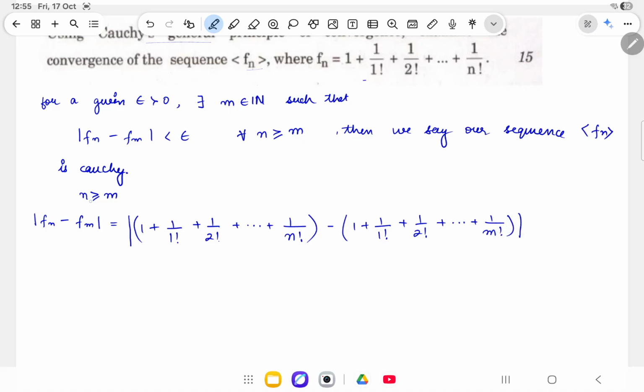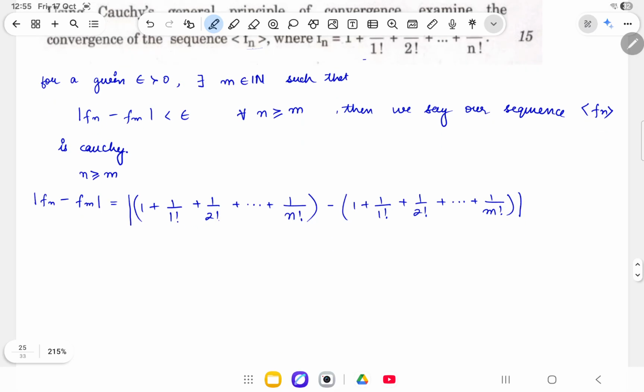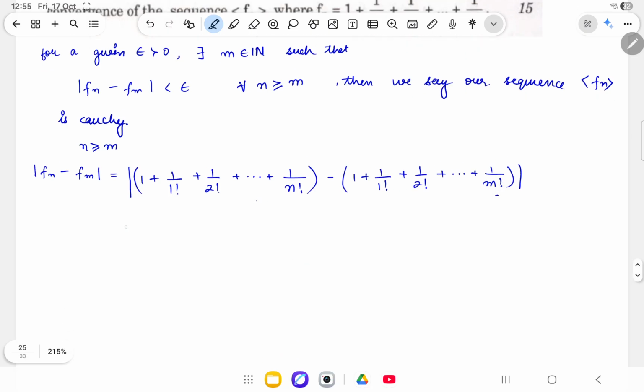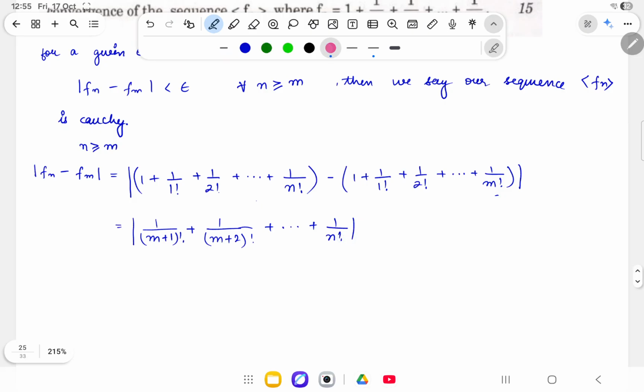Since n is greater than m, I can cancel out these many terms. I'll be left with modulus of 1 by (m plus 1) factorial plus 1 by (m plus 2) factorial up to 1 by n factorial, because the Fn term has n minus m terms more than the Fm term.